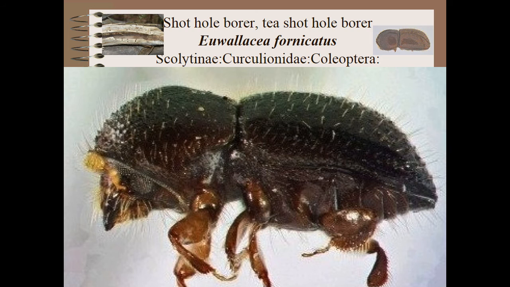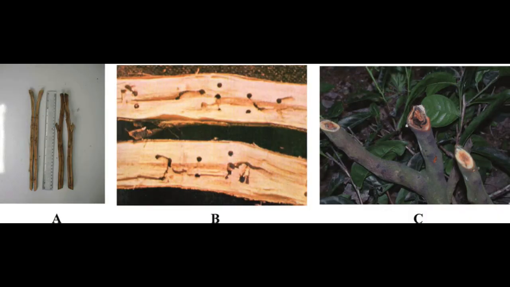The next major pest is the tea shot hole borer, Euwallacea fornicatus, Scolytidae, Coleoptera. What about symptoms? The infested branches and stems show small holes from which powdery matter is thrown out by the insect, followed by gradual drying up, and in severe cases dieback is also seen in twigs and branches.